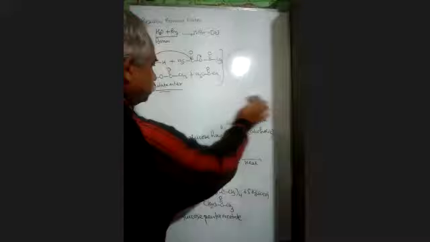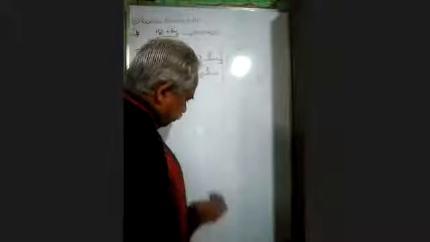Okay, now see. So we have found that in C6H12O6, 6 carbons are joined in a straight line. We call it linear. Then out of these 6 oxygens, 1 oxygen is aldehyde and 5 oxygens are alcohol. Now we should know, are these alcohols primary or secondary or tertiary?